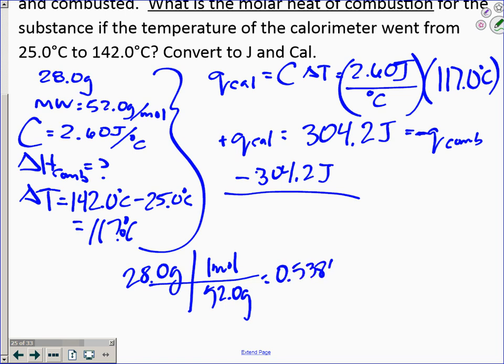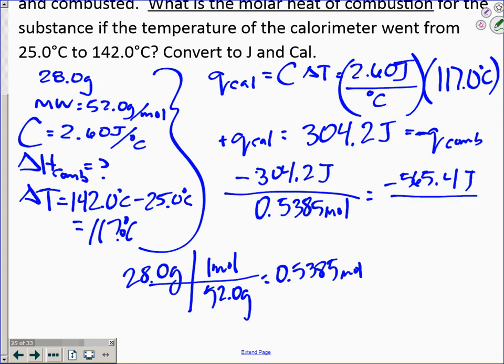Okay, so we're dividing by the substance combusted, and this is going to give us negative 556.4 joules per mole.